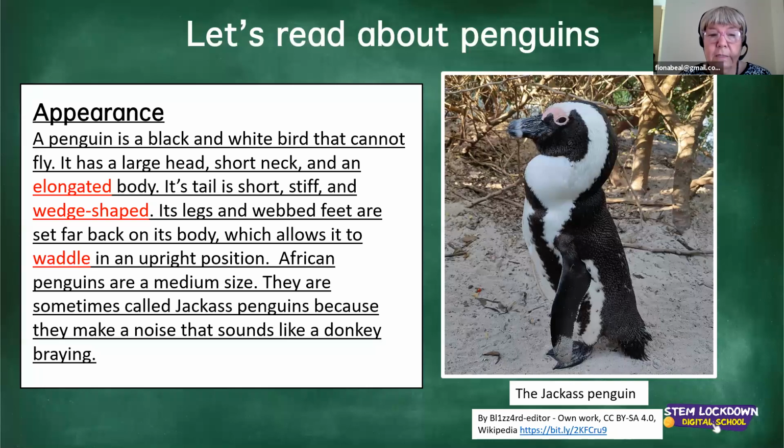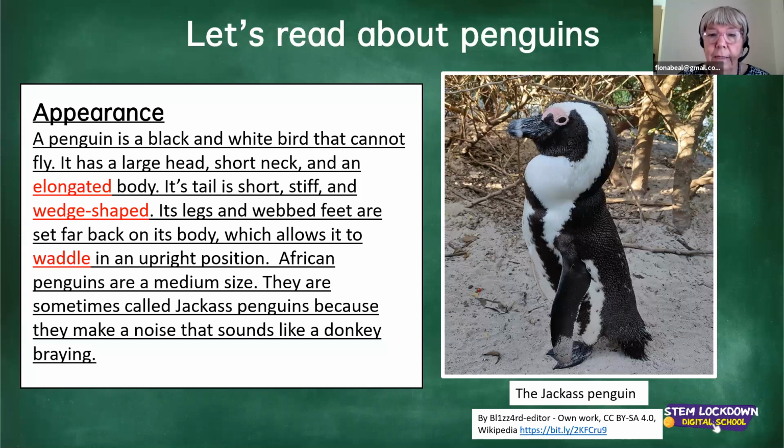Now, somebody asked me if they should take notes, and it's a good idea when you are reading information text just to jot down maybe 1 or 2 keywords, not proper notes, just keywords. So you could say its body here and jackass penguins, for example. Those could be your 2 key points. Now, do you see that picture of the jackass penguin?